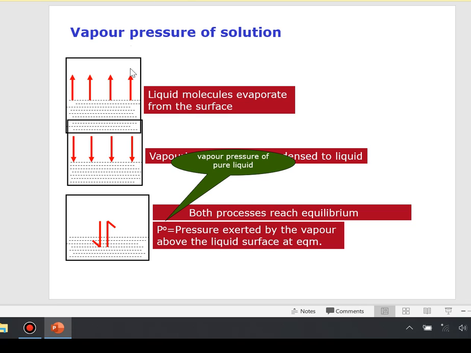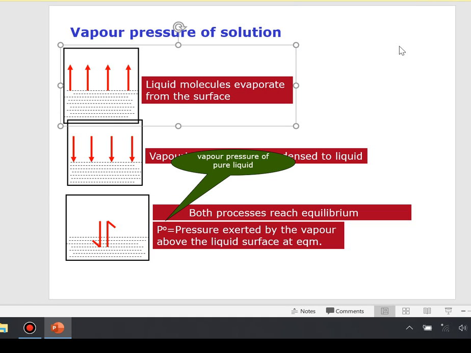Suppose you have taken a solvent in a closed container and it evaporates and exerts a pressure.